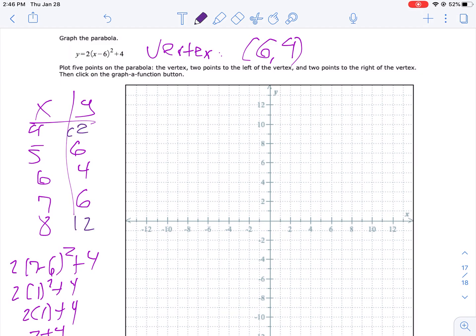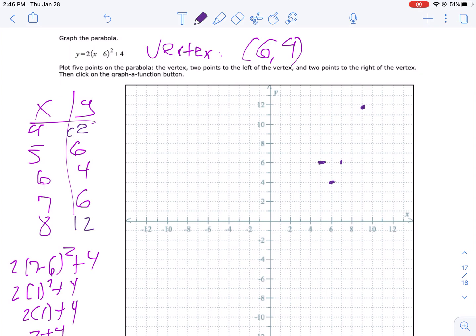Now let's plot our points. I'm going to start at 6 and 4. And then I'm going to do 7 and 6, which is also 5 and 6, isn't it? Since it's symmetric. Then I'll do 8 and 12, which would be the same thing as 4 and 12.